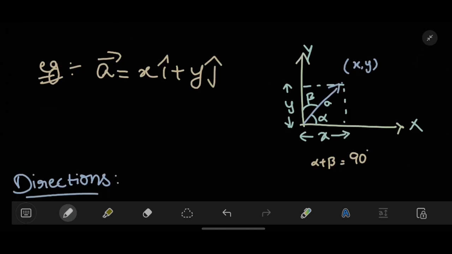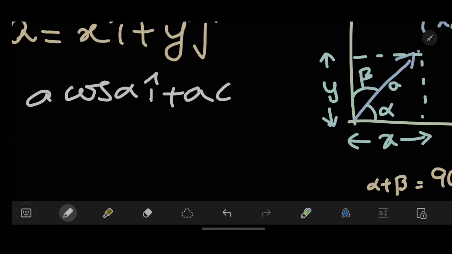Same thing for 2D. Now I am giving an example for 2D. Whatever I have discussed just now: if a bar is equal to x i cap plus y j cap, then a is equal to a cos alpha i cap plus a cos beta j cap.